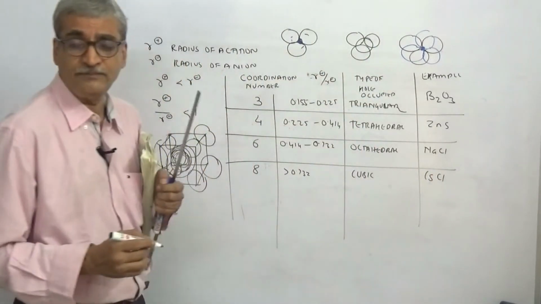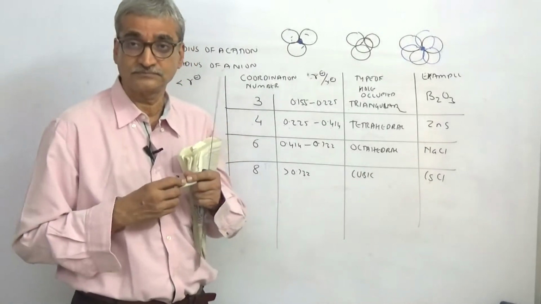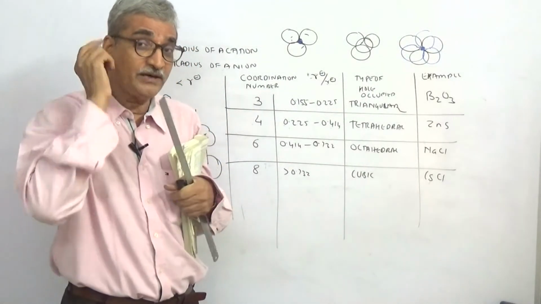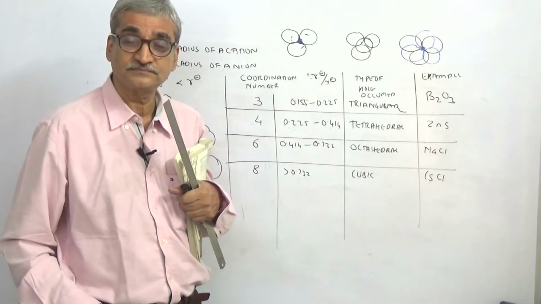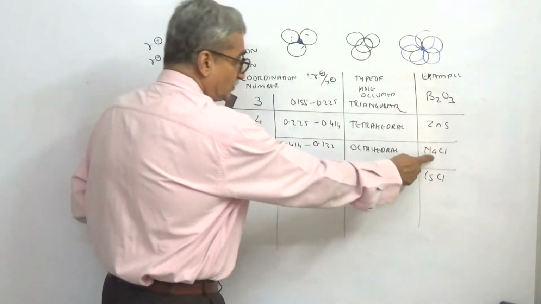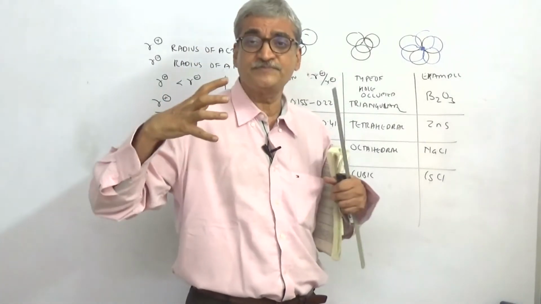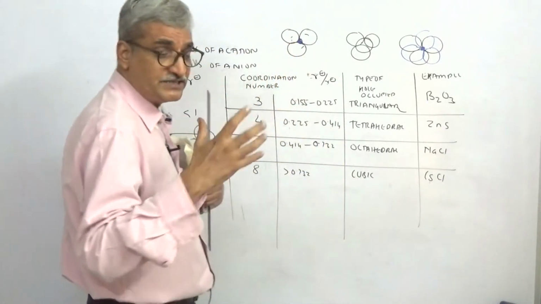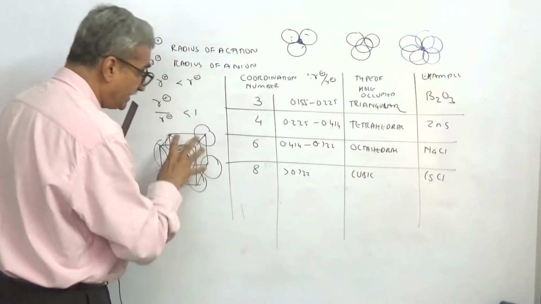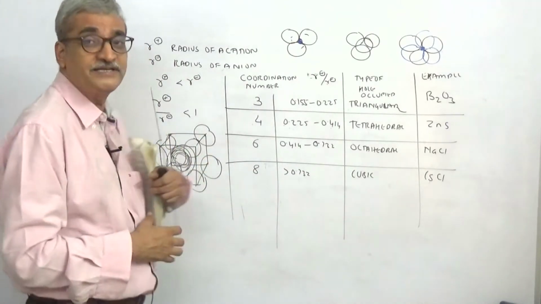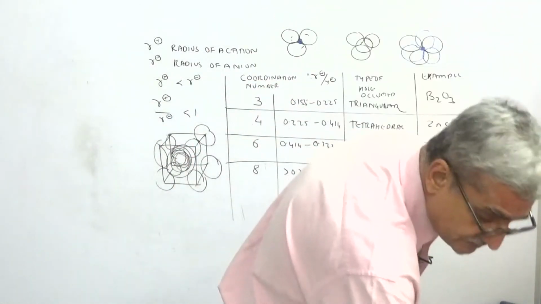See, lithium, sodium, potassium, rubidium, cesium. Sodium chloride is a face centered cubic lattice. It is in the middle of it, but cesium becomes bigger, so cesium needs more space. It cannot be a face centered cubic lattice. So cesium will become body centered. Understand the difference.